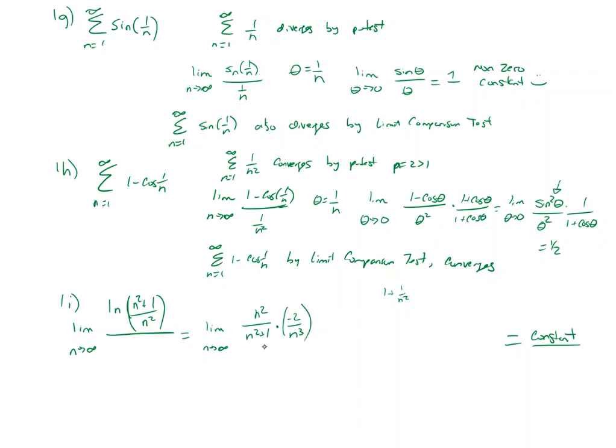All right. Well, look at that. If I took the limit of this, the n squareds are going to effectively cancel out, leaving me just -2 over n cubed.